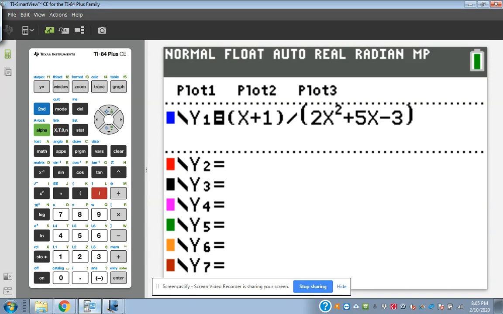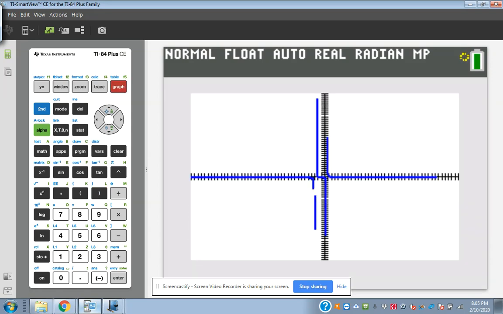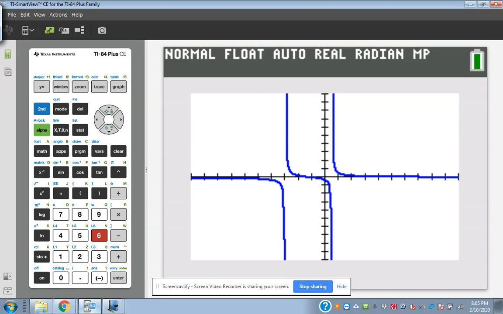And then I'm going to hit graph, and I'm going to hit zoom 6 because I zoomed out earlier. This one's got some funky stuff going on. It's got 3 pieces to it, but how many vertical asymptotes did I have? I had 2 of them, right? Can we see where they're at in our graph there?